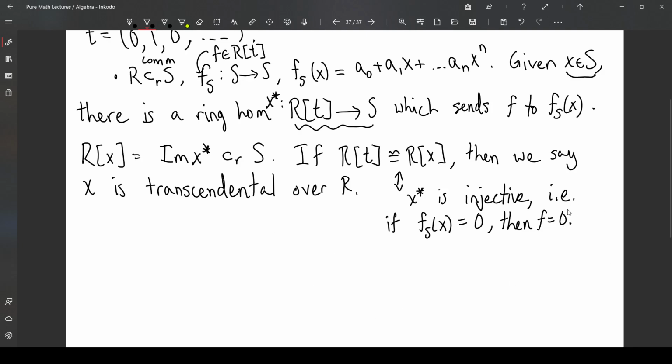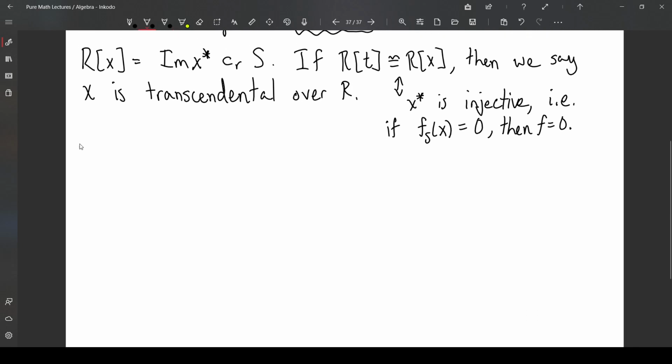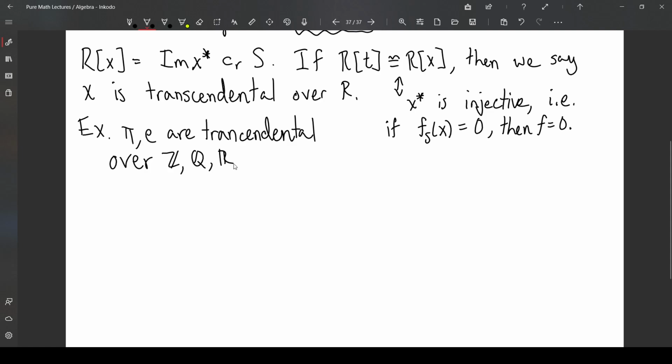So there's no non-zero polynomial that when I plug in x, I get 0. That's the typical way we define transcendental elements. As an example, pi and e are transcendental over, say, Z or Q.